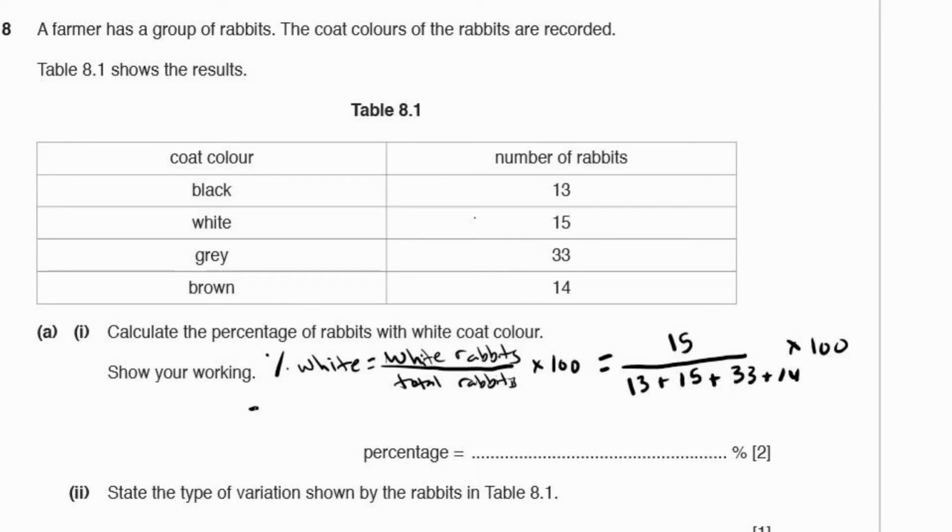So that equals 15 over 75 times 100, which equals 20%. So the answer is 20%.